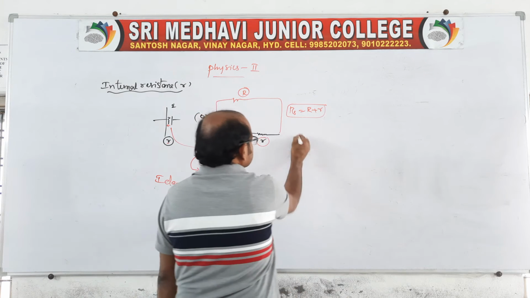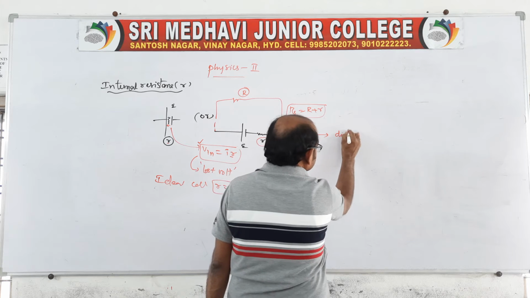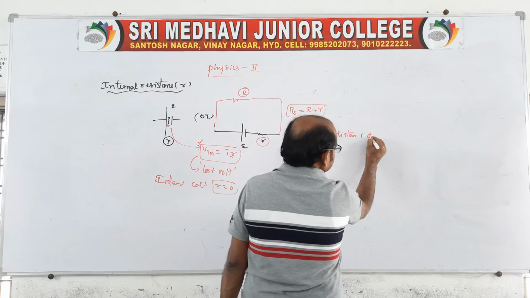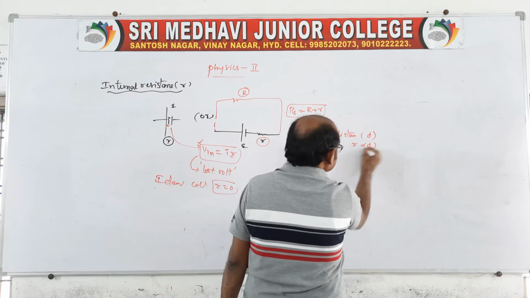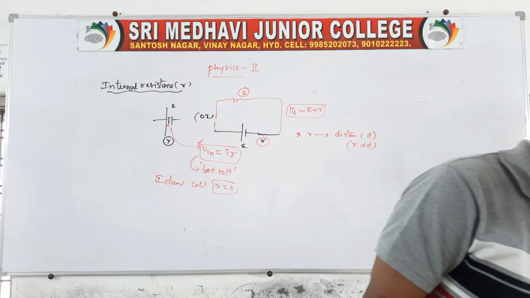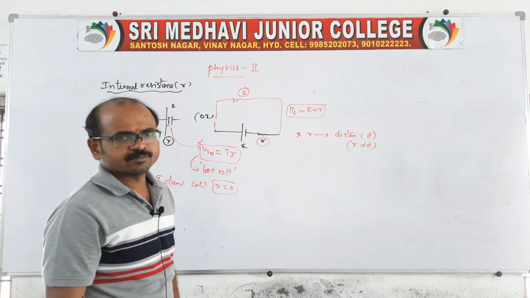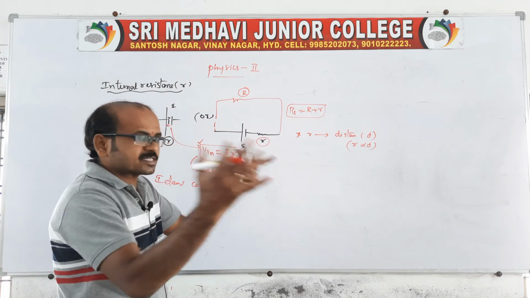Coming to the point, internal resistance depends on the distance between the plates, that is d, and r is directly proportional to d. If the distance between the plates increases, sir, what will happen? Of course, internal resistance increases, because there will be more concentration of electrolyte.